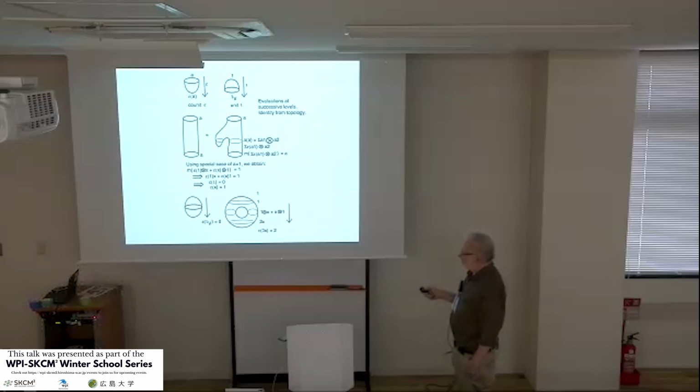Then you've got a 1 here because the unit on 1 just pushes the unit forward. But now we get 1 tensor x plus x tensor 1 because we went through co-product there. And now we're going to be multiplying and we get 2x. And then we're epsiloning, and epsilon of x is 1 and we get 2. So that tells us that the value of a little sphere is 2.